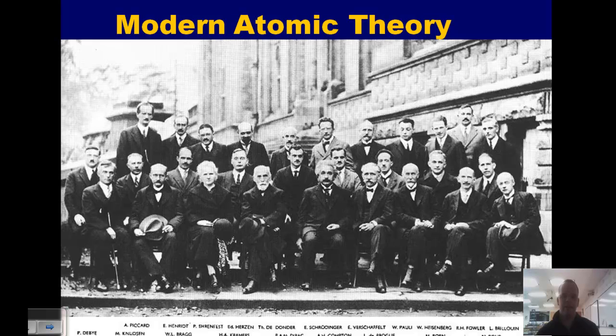I like to use this picture a lot because a lot of the scientists that we're going to be talking about in this chapter were all alive at the same time and all working together on these types of topics.